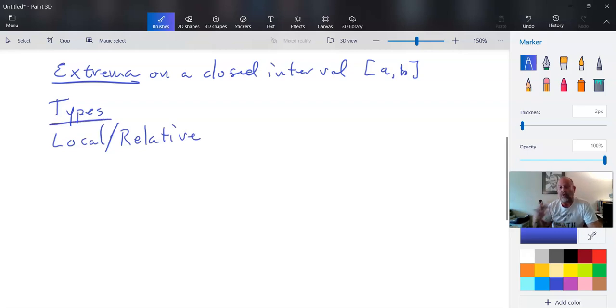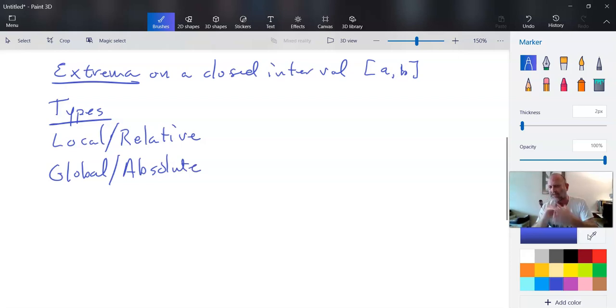So you have local or relative extrema, and then you have global or absolute. If it's local, what it means is that it is a maximum or a minimum, but only in the area that it's in. So let's get an idea of what these things look like here.